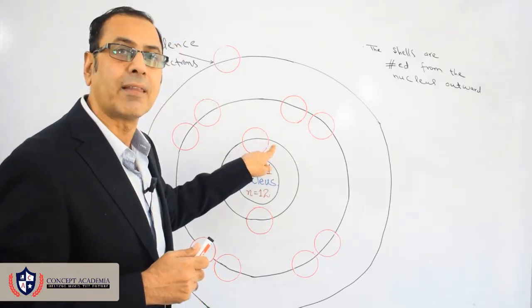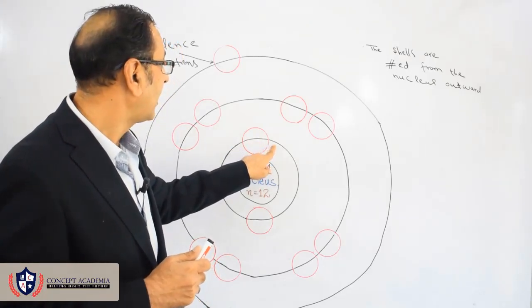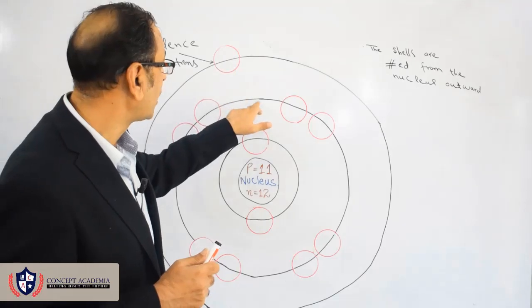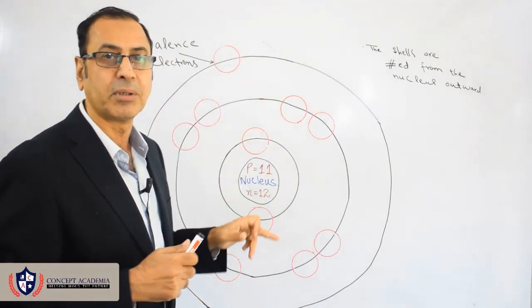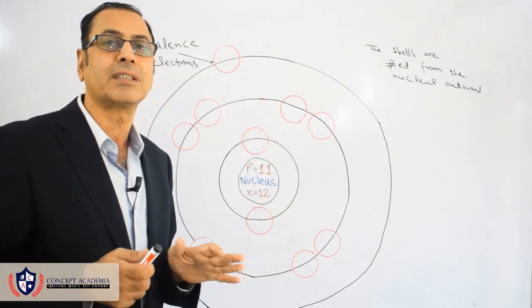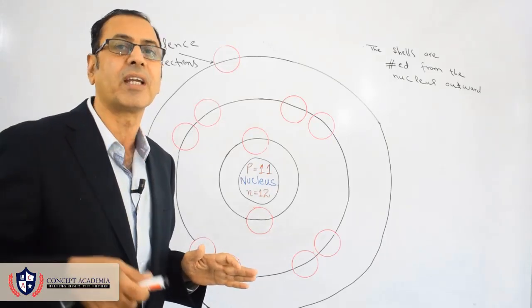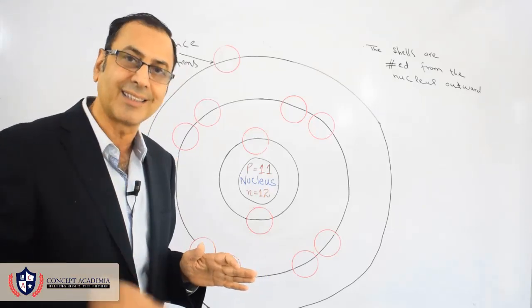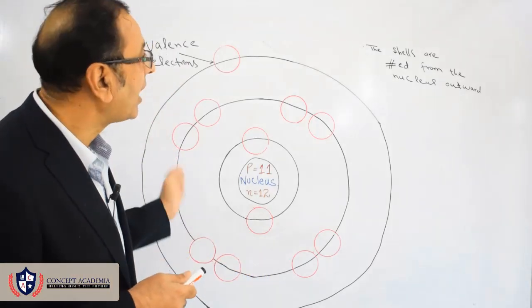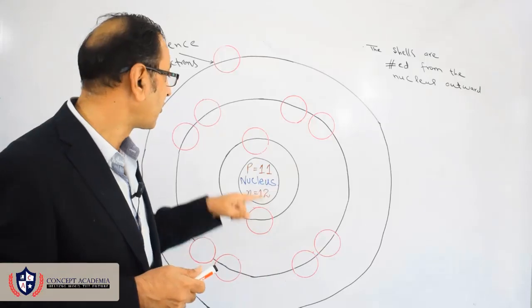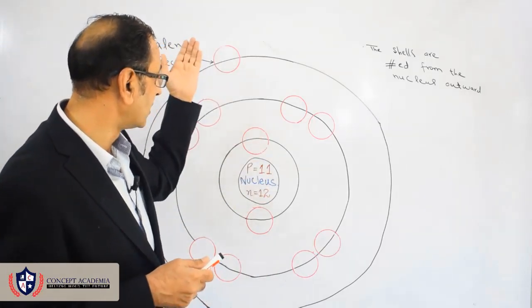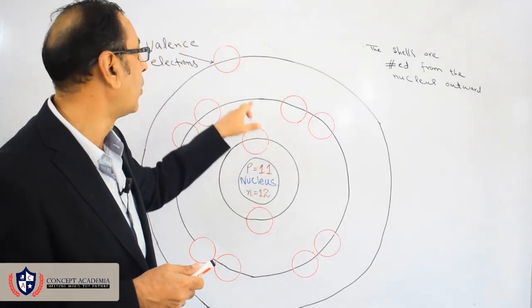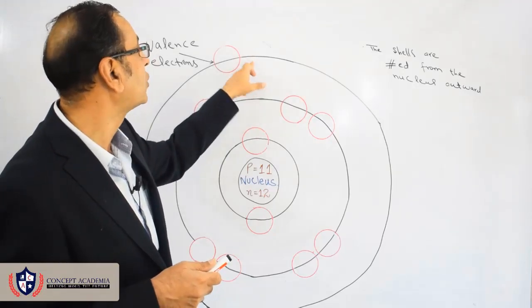This is shell number 1, this is shell number 2, and this is shell number 3. So electrons are revolving around the nucleus in various shells. These shells are numbered from the nucleus outward: shell number 1, shell number 2, and shell number 3.